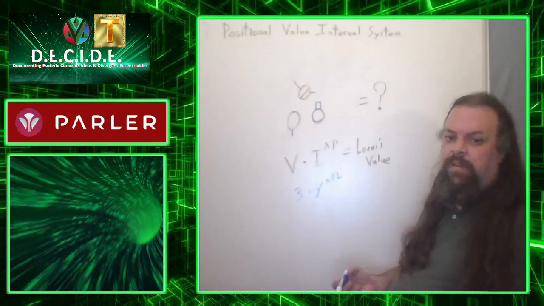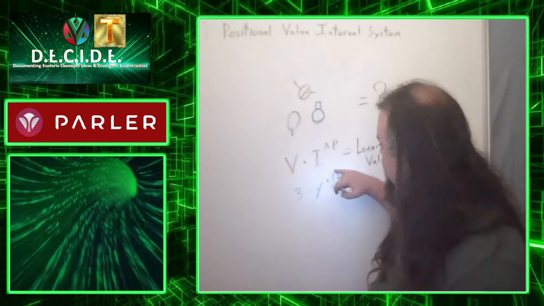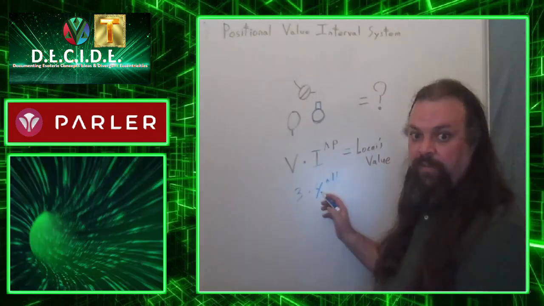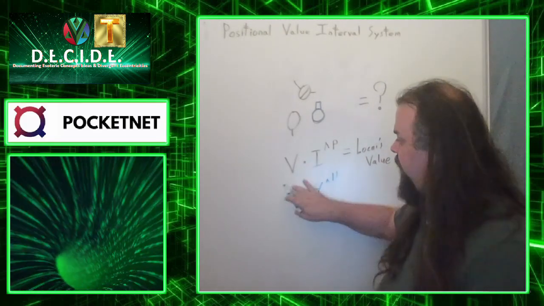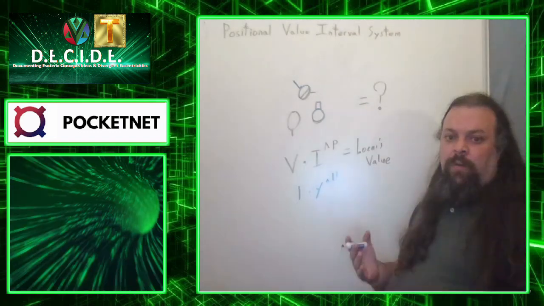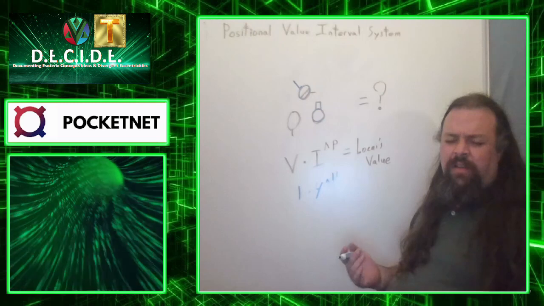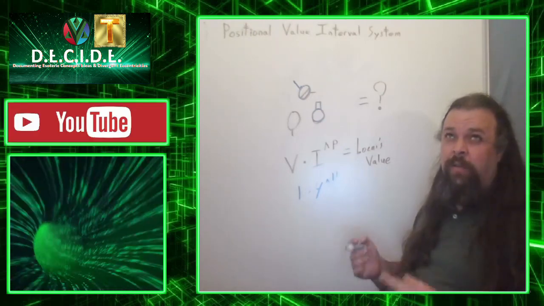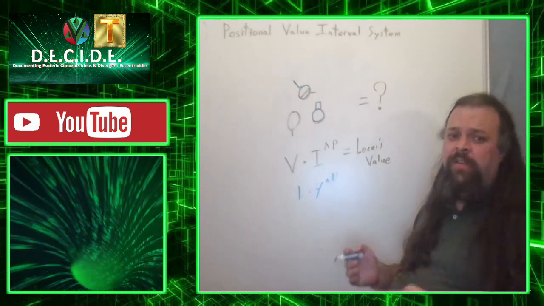Our next number is P equals 11, interval of 4 at V equals 1, or about 4,194,304.